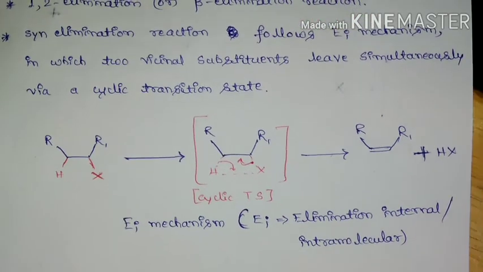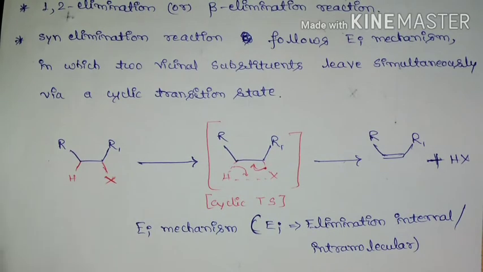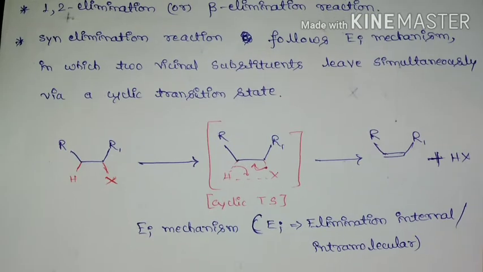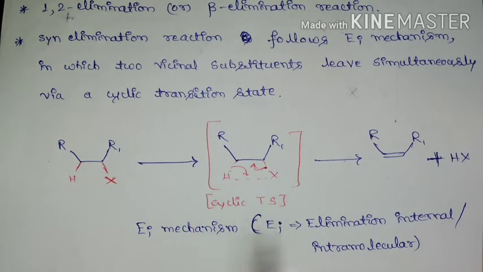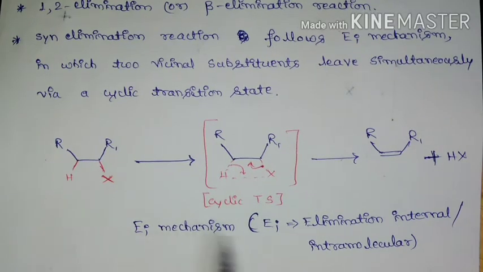If you consider this substrate, here H and X are the two vicinal substituents, which leave simultaneously via a cyclic transition state, and such a mechanism is called the Ei mechanism.